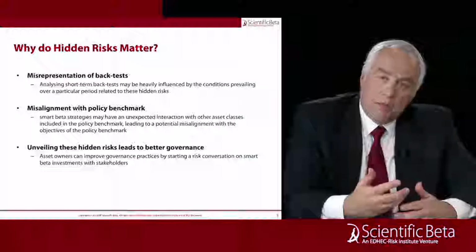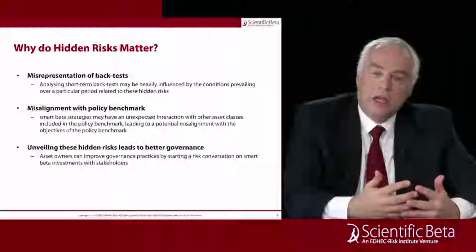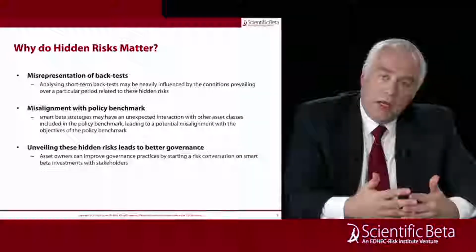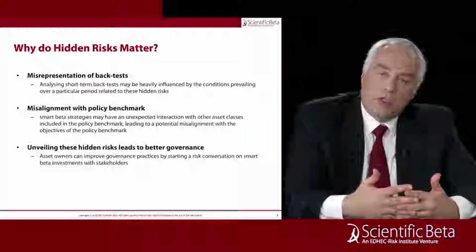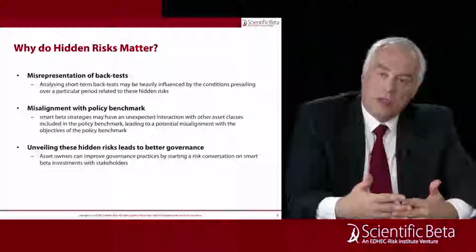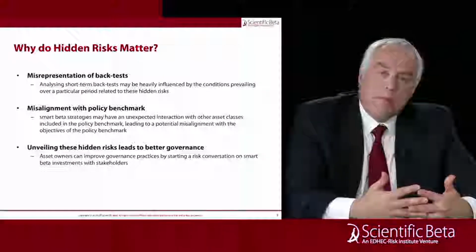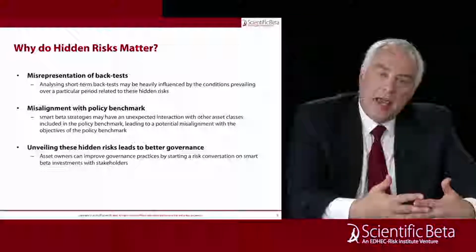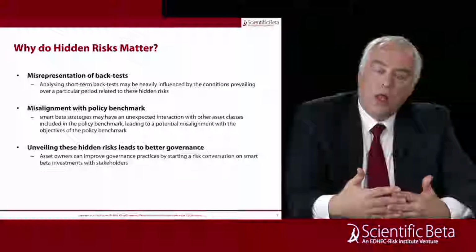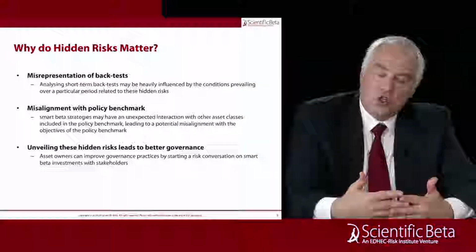And thirdly, and probably most importantly, unveiling these hidden risks leads to better governance. Traditionally, when investors invest in equity strategies with an asset manager, the fiduciary responsibility often rests with an active manager. For smart beta strategies, the fiduciary responsibility now rests with the investor because the asset manager is judged on how well they're able to replicate these strategies and keep the replication costs down.